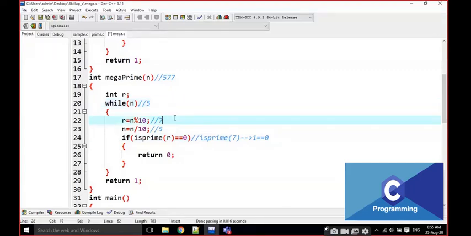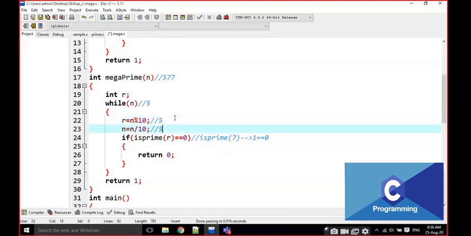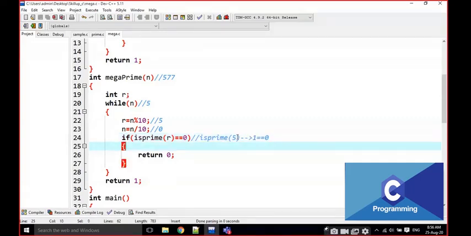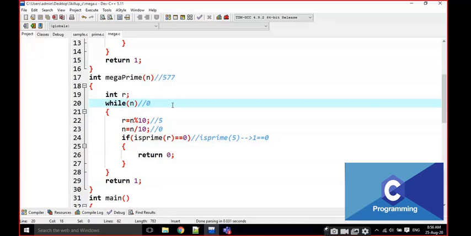Now it is coming inside. The R value is 5 and N becomes 0 here. Now it is going to check is prime of 5? Yes, 5 is prime. Then it returns 1 here. 1 is equal to 0? No, not at all. Going back here, what is new N value? New N value is 0, right?